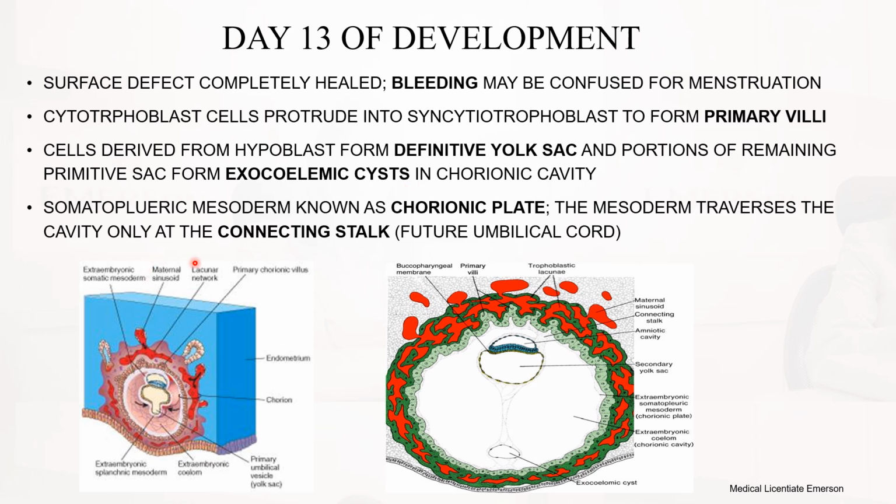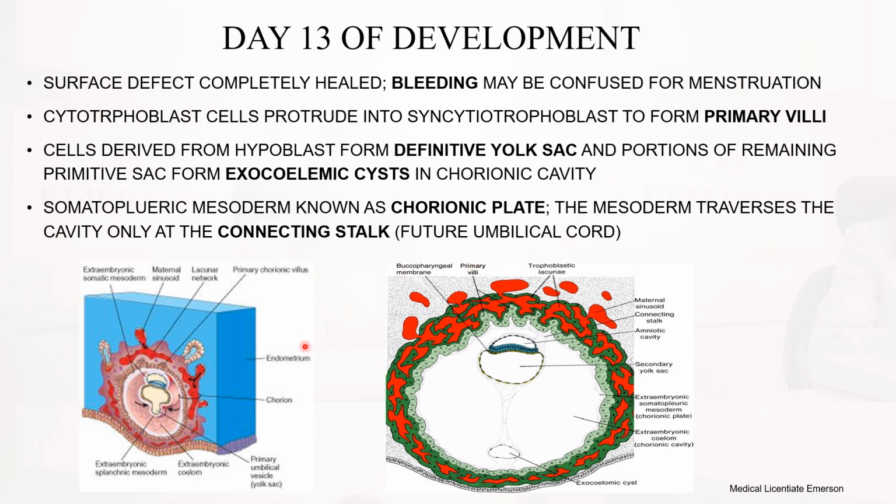Then the somatopleuric mesoderm is known as the chorionic plate. The mesoderm traverses the cavity only at the connecting stalk, which is the future umbilical cord.